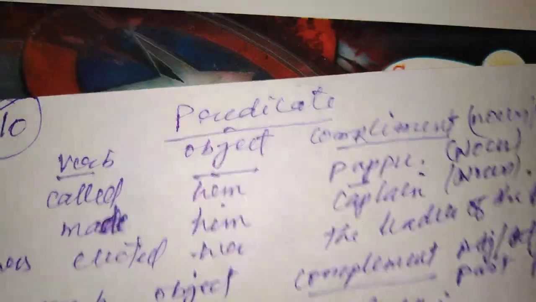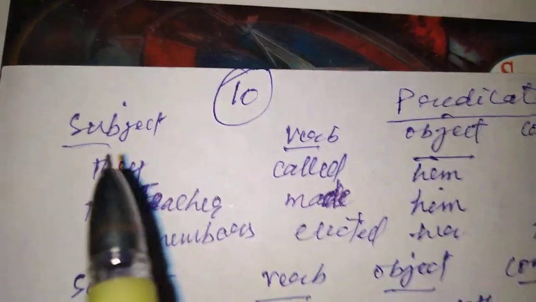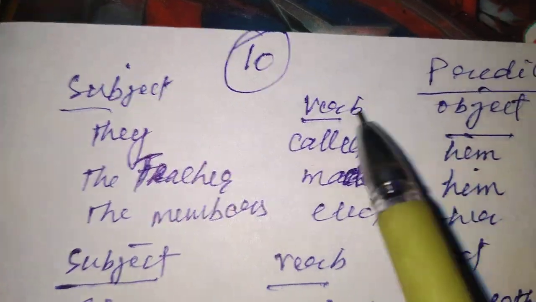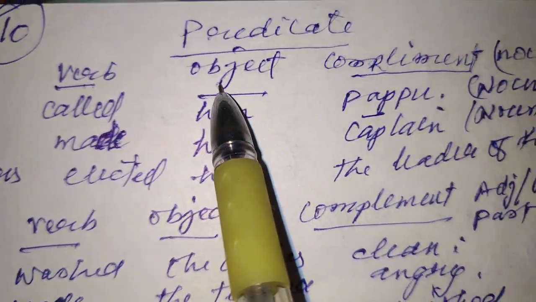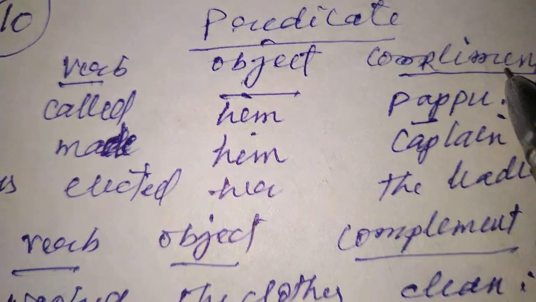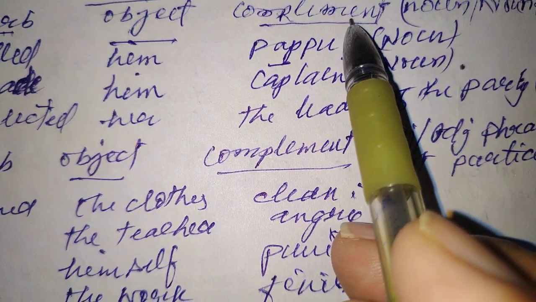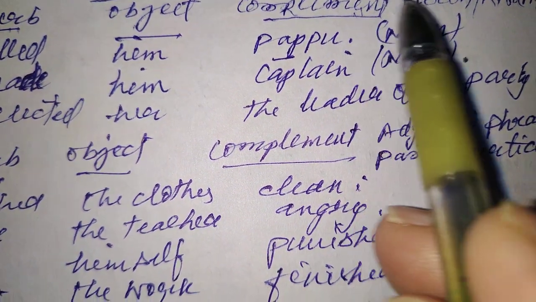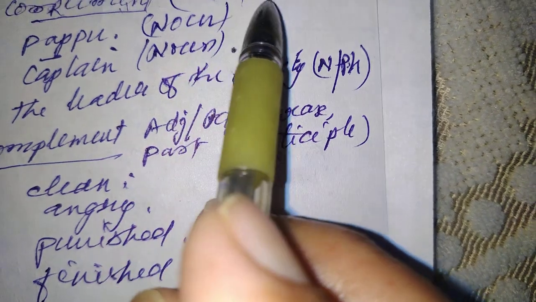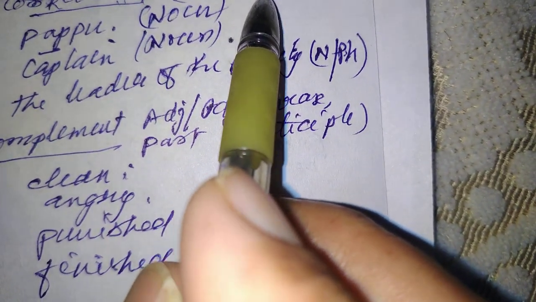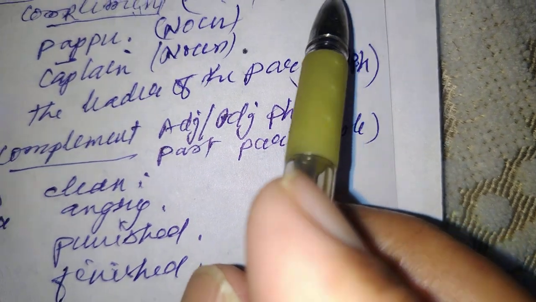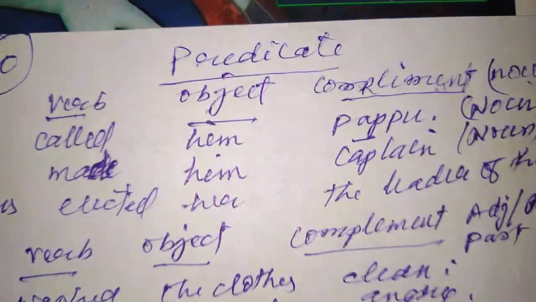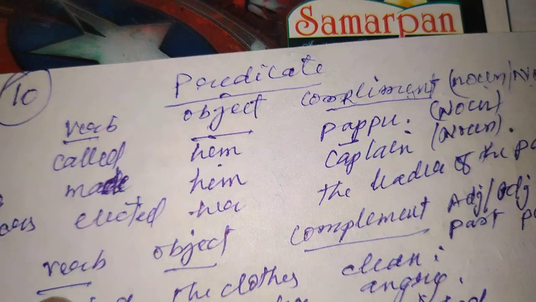Some more examples. We will read subject here, verb here, and the predicate under object and complements. Complement could be a noun or a noun phrase. For example, they is a subject.